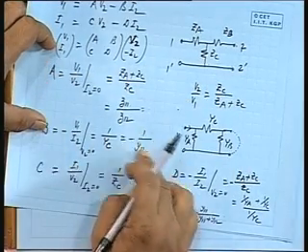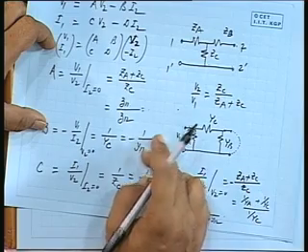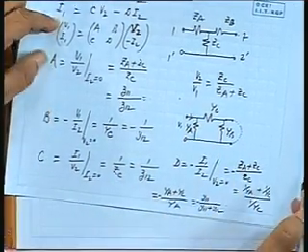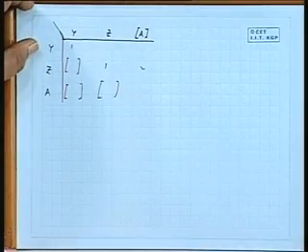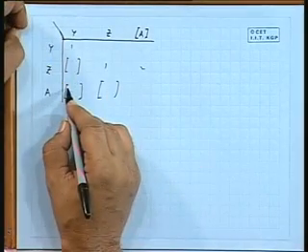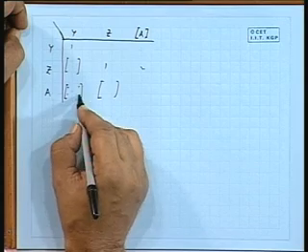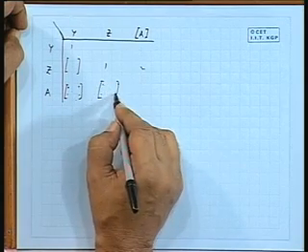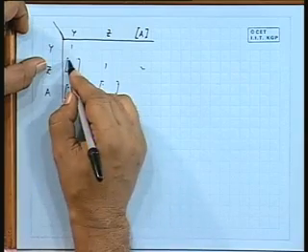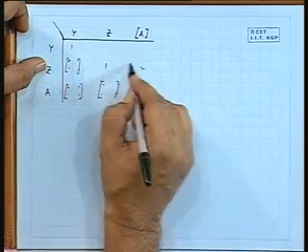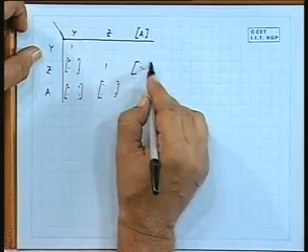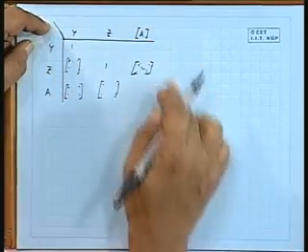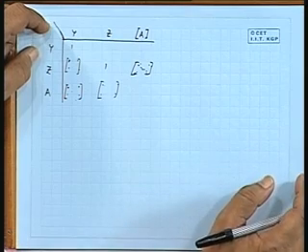Similarly, B also, from here you can write in terms of Z, because you know the relation between Y and Z. Similarly, C and D. So, you complete both these matrices. What will be A, B, C, D in terms of Y's? What will be A, B, C, D in terms of Z's? Similarly, Z in terms of A's, B's and so on. What will be the values in terms of A's and B's? So, complete this table.